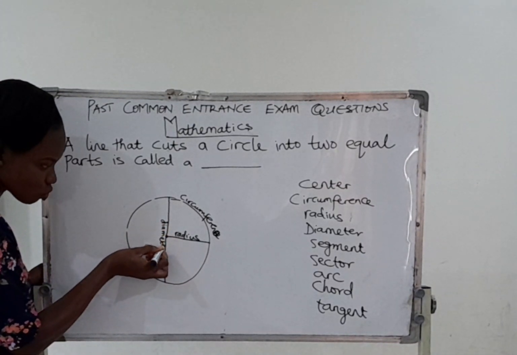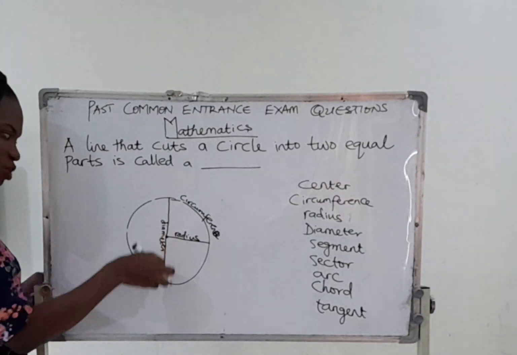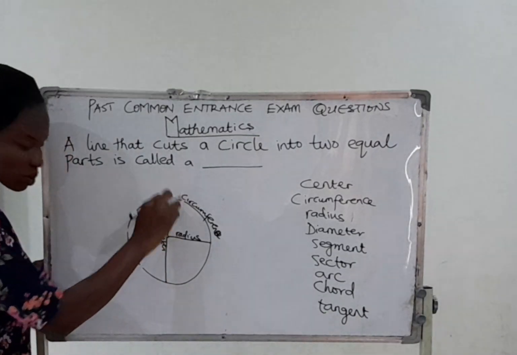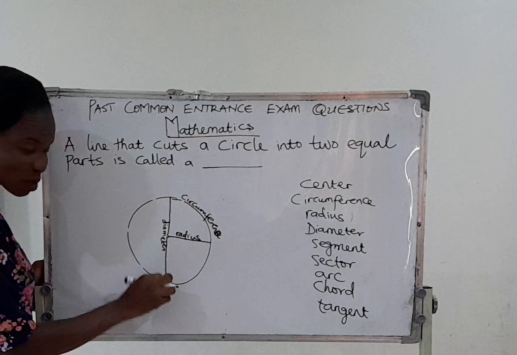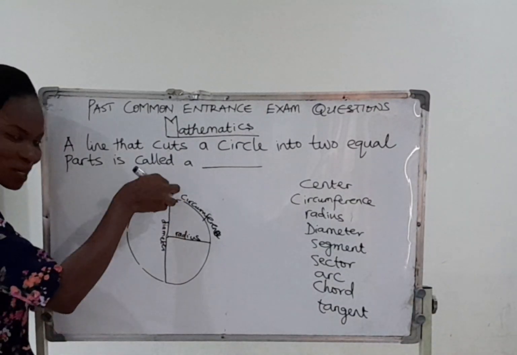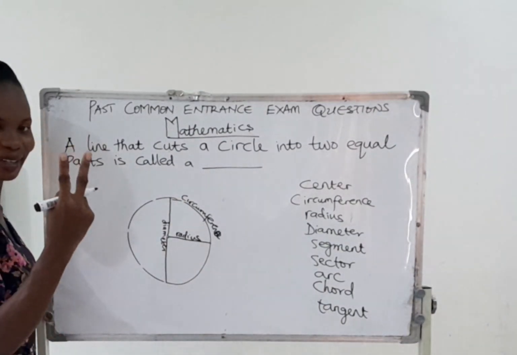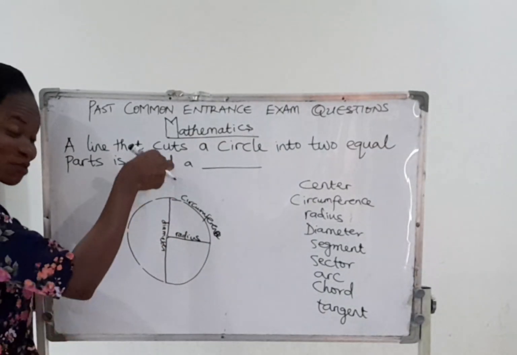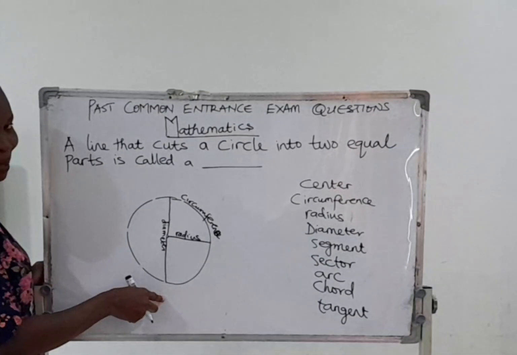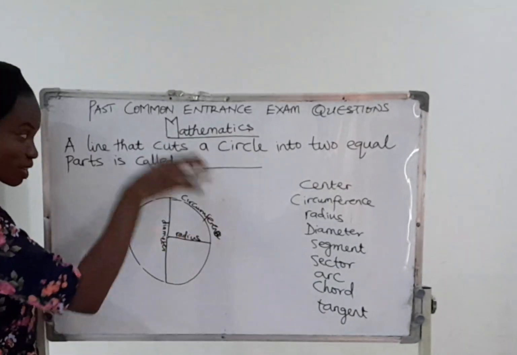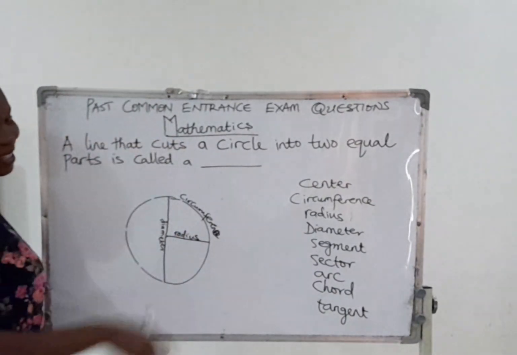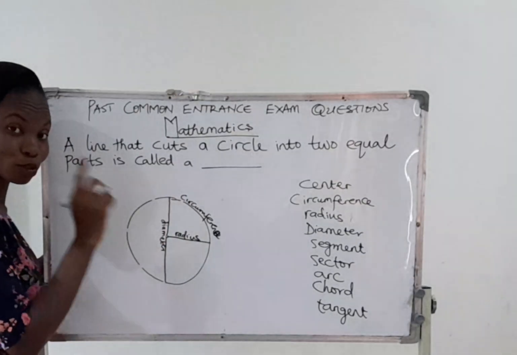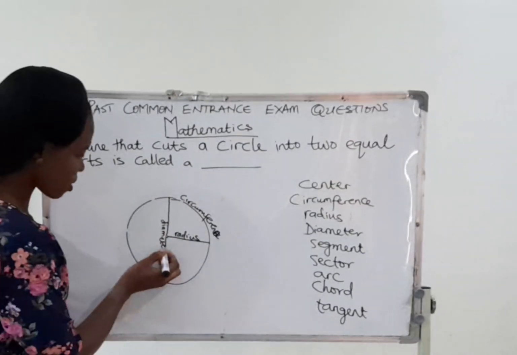Now there is a point to note here. If you look at this critically, from this point to here is a radius, and here to here is a radius. So a diameter is simply made up of two radii. When we finish explaining this, we can answer the question from this explanation: the diameter divides the circle into two equal parts. Alright, so this is the diameter.